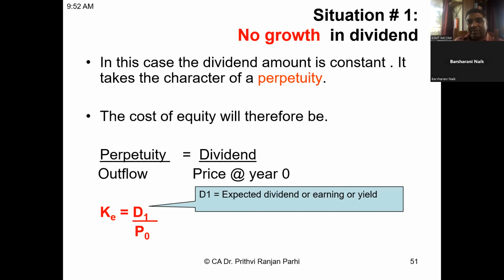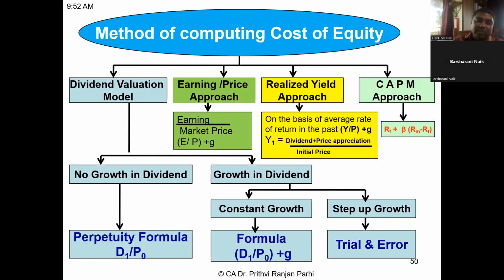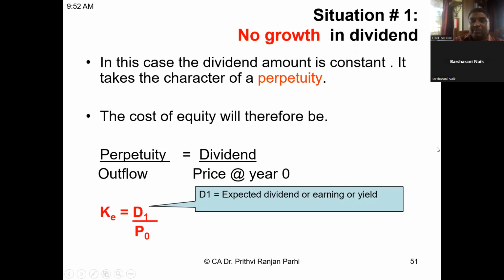First we'll go to no growth in dividend, how to compute cost of equity. If you look here, it is very simple. First one is situation one: no growth in dividend. So look at the formula. Simply, we have to apply the perpetuity formula. Here it says cost of equity is D1 by P0. D1 means the dividend expected next year, 1 means after 1 year.